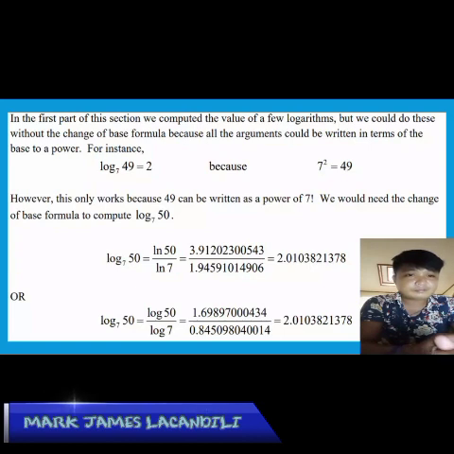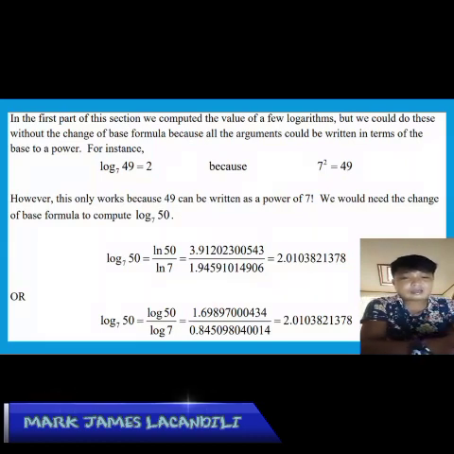So log base 7 of 50 equals ln 50 over ln 7. So ln 50 is equal to 3.912023005 over the value of ln 7, which equals 1.945910149. So it is equal to 2.0103821378.